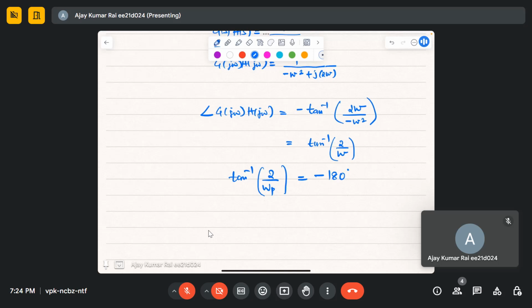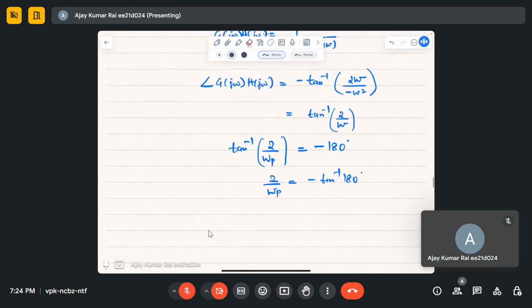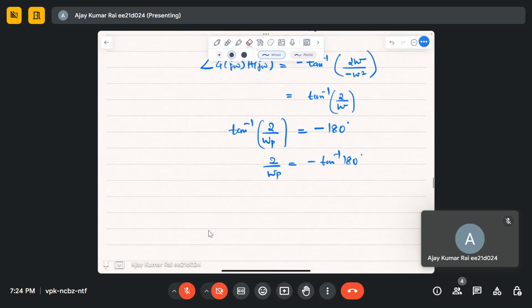So what is tan inverse of 180 degrees? It is 0, 180 degrees.